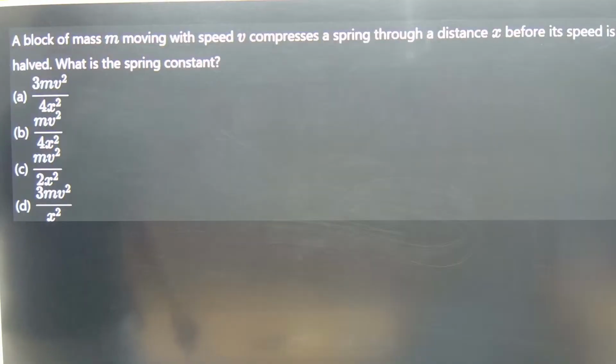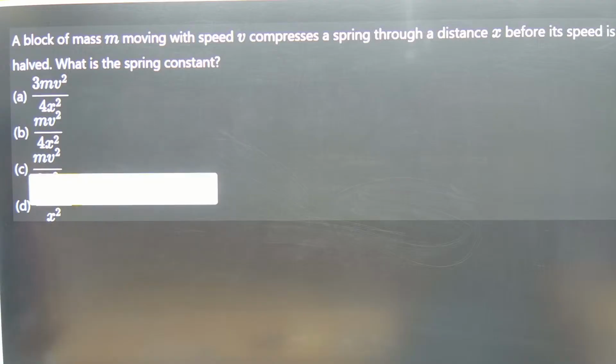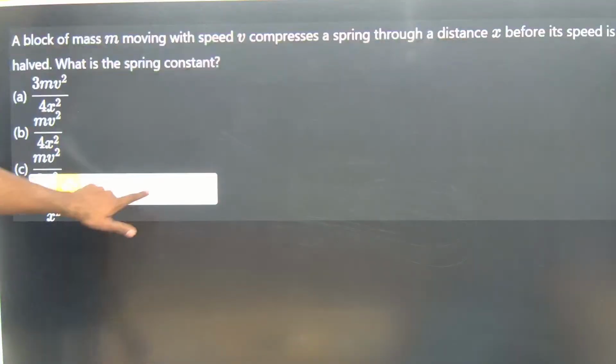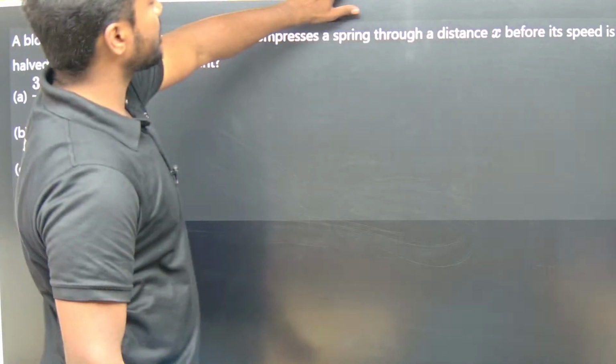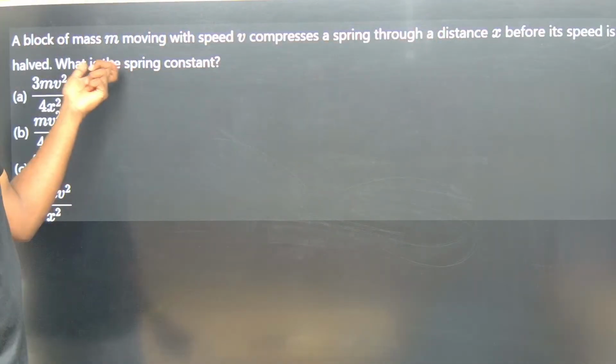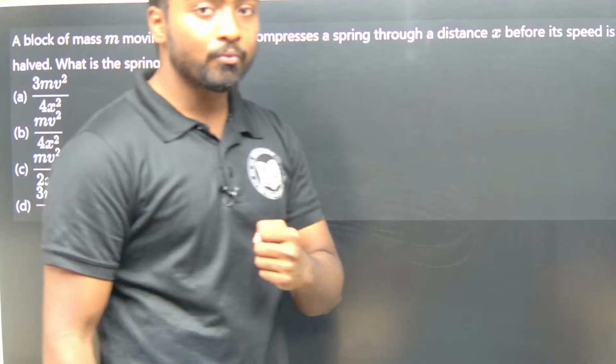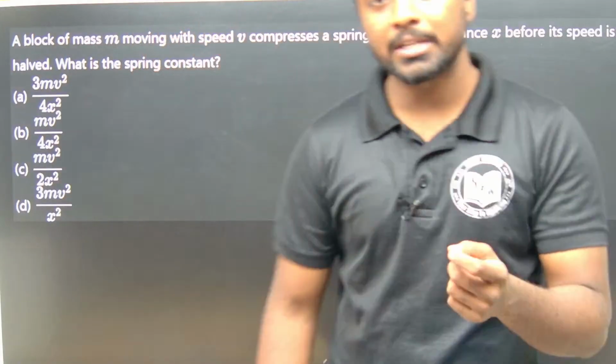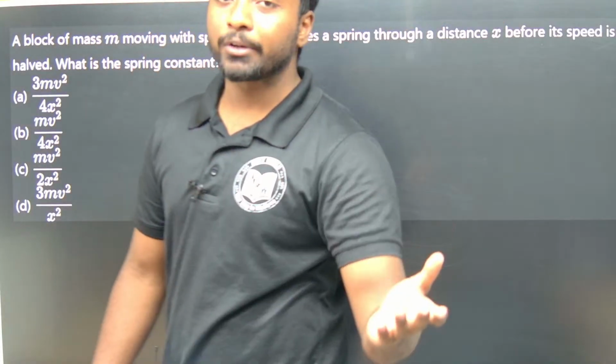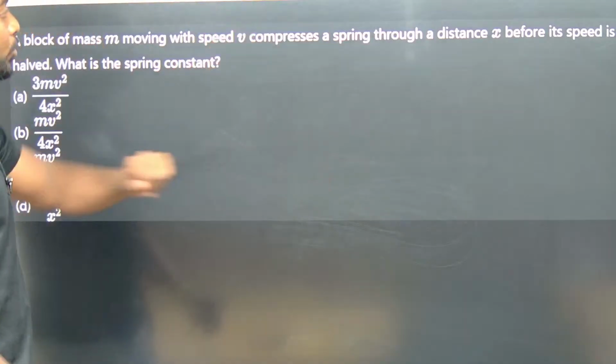I need to find the spring constant. Compressing means the velocity is reducing to v by 2. What will happen to the energy? Kinetic energy has been transferred to potential energy.